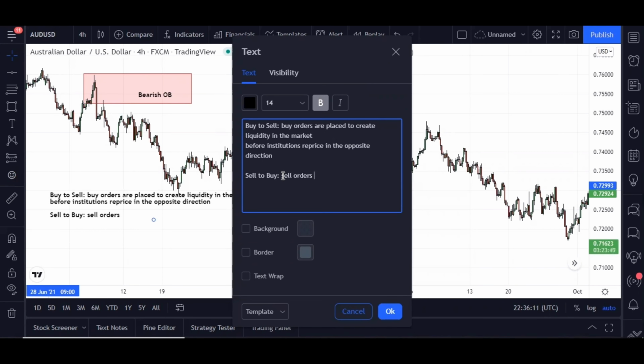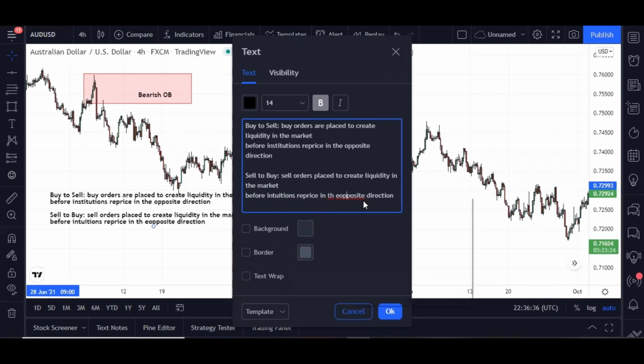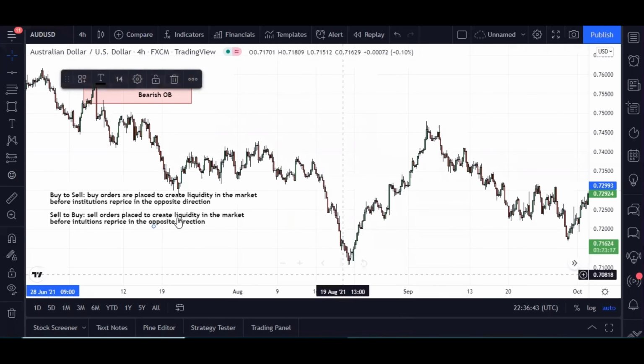So sell orders are placed to create liquidity in the market before the institutions reprice in the opposite direction. You're gonna fall in love with my typos, I promise.